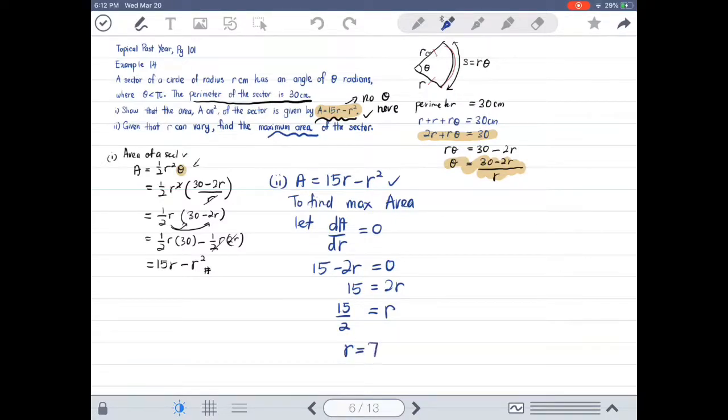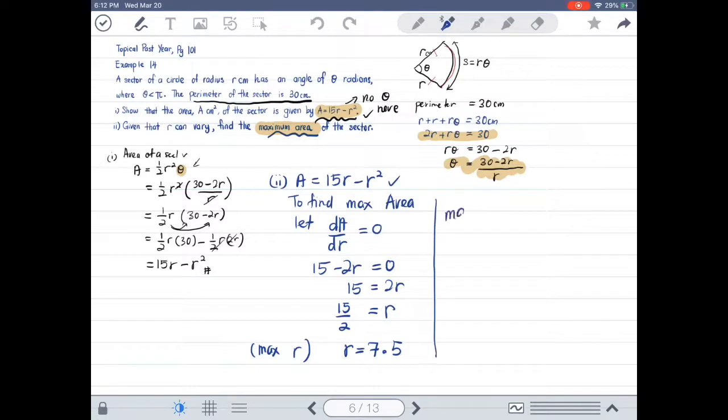r equals 7.5. This is the maximum r, but we want to find the maximum area, not the maximum r.